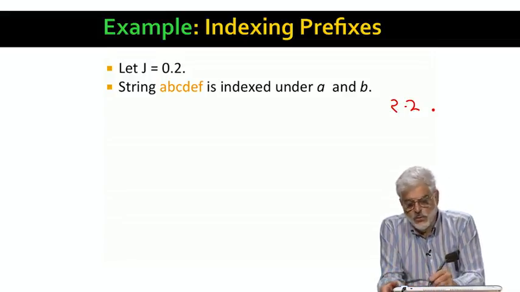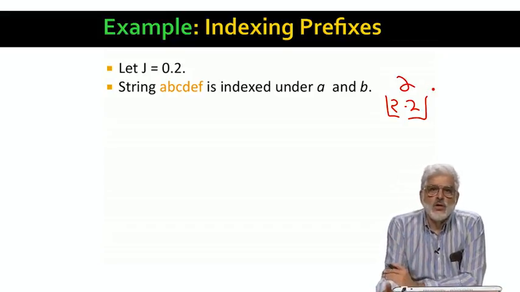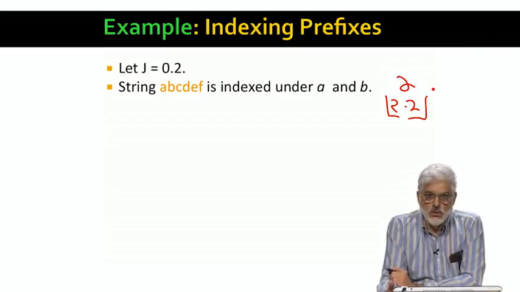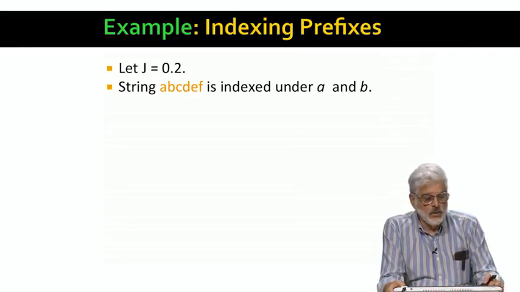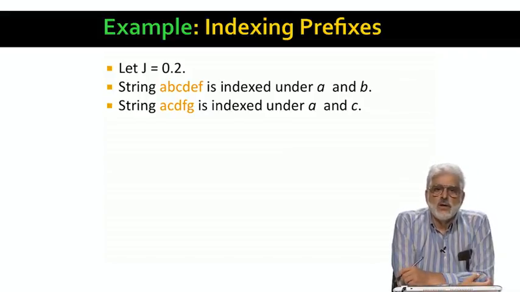And the floor of 2.2 is, of course, 2. So we place A, B, C, D, E, F in the buckets for its first two symbols, that is, A and B. How about string A, C, D, F, G? Here L is 5, so JL is 1, and the floor of JL plus 1 is again 2. So it is indexed in the buckets for its first two symbols A and C.